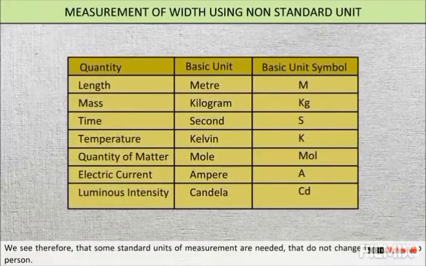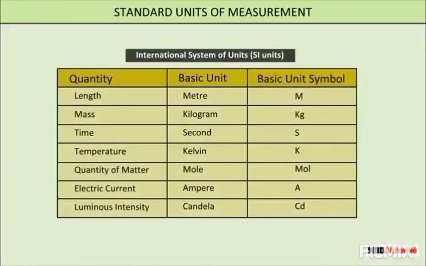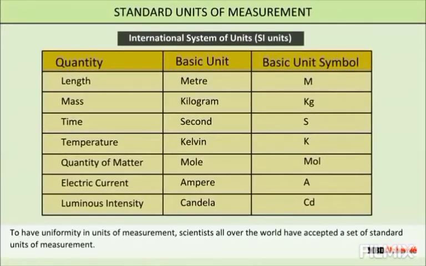So the International System of Units has developed standard units for measuring these. Therefore it will not change according to the person. For length it is the meter. The quantity for length is the meter, so that there will be no change according to persons.